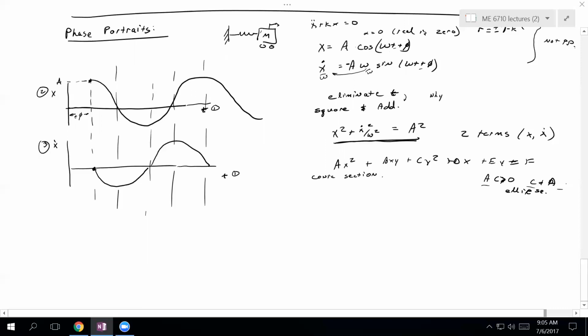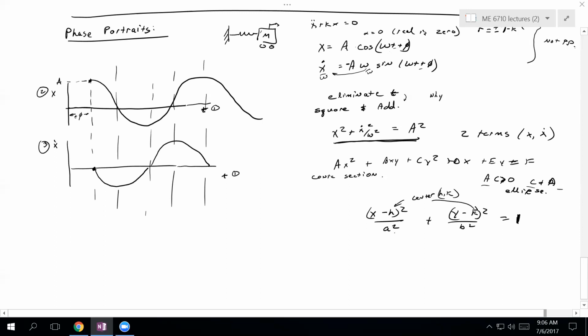I can see that I have an ellipse, so I can write it generally as x minus h quantity squared over a squared plus y minus k quantity squared over b squared equals 1, where the center is at (h, k).